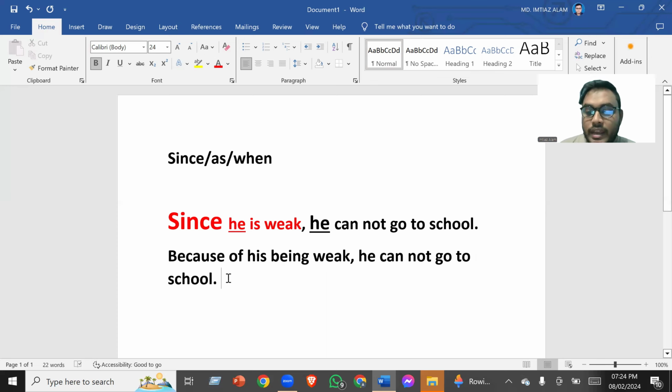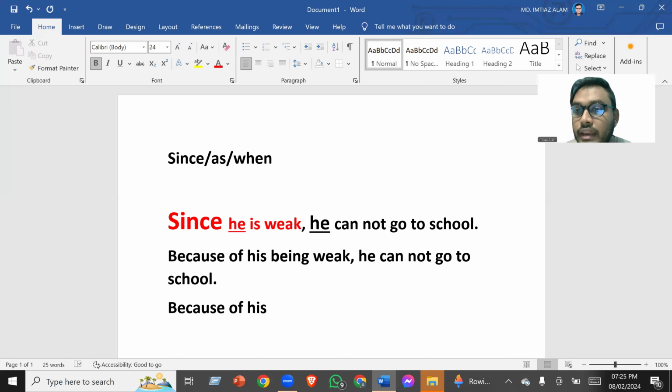Now you can answer this in other ways also. Again, you can write "because of," then you have to convert the subjective form into the possessive form, and now we can skip the verb and go directly to the adjective form. If you don't want to write this verb, then you can go directly to the adjective form, but this time you have to convert that adjective into noun form.